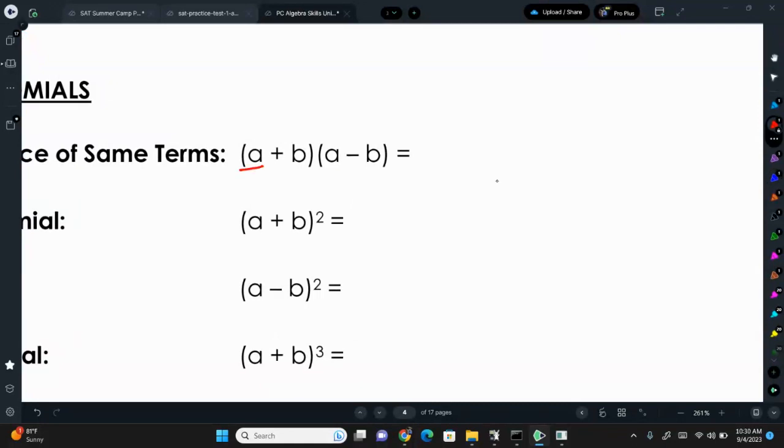So we can do a shortcut and say, oh, a and a is a squared minus b squared. So that middle term, when we would multiply by foiling, we would do this and get ab, and that would be -ab. Those would cancel out, so we can skip that part. Like I said, that's what we did for the conjugate.